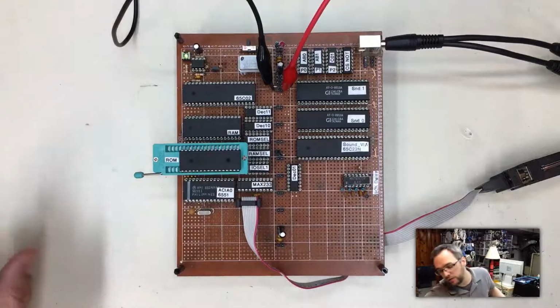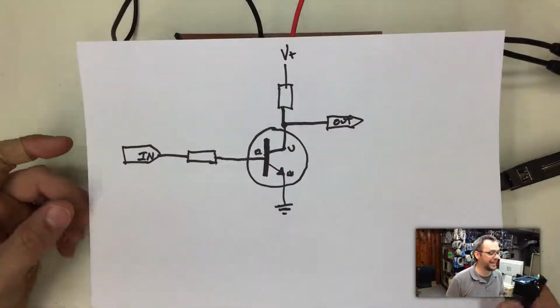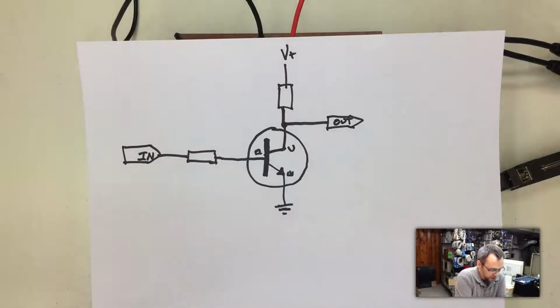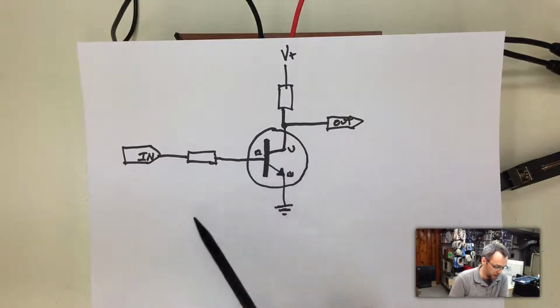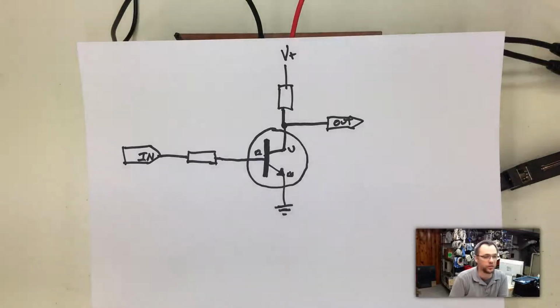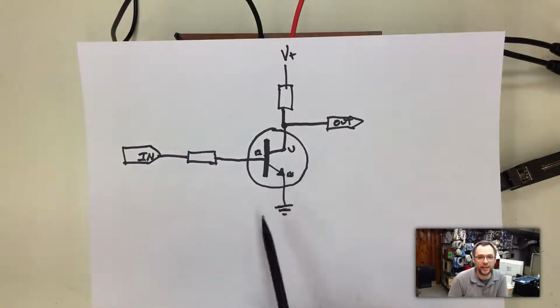Let's take a look at what an inverter actually looks like. I'll give you a little computer science lesson, electronics lesson. This is the inverter that I have in place. Effectively what you have here is a transistor. This is an NPN transistor, and you know NPN because the arrow never points in.